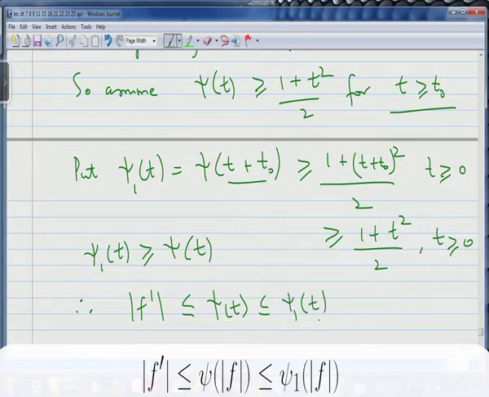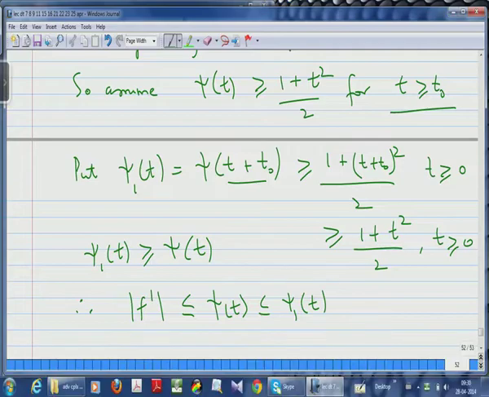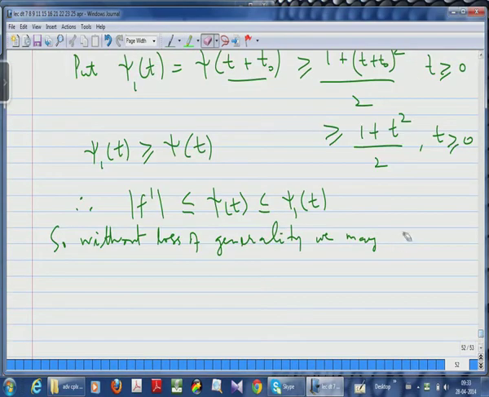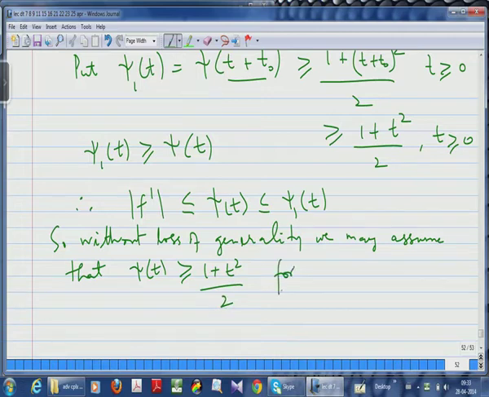So all these considerations tell you that without loss of generality you can assume psi of t to be greater than or equal to 1 plus t squared by 2 for t greater than or equal to 0. Okay, you can do that.